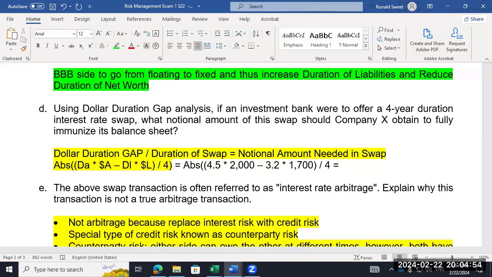How much? 890? 890 even divided by the 4? Yep. Wow. Okay. I guess that's a really long duration. Everybody else get that? Yeah. All right. This is a question most people get right, so I don't know why I'm confused, but it's not usually that high of a number, but okay.